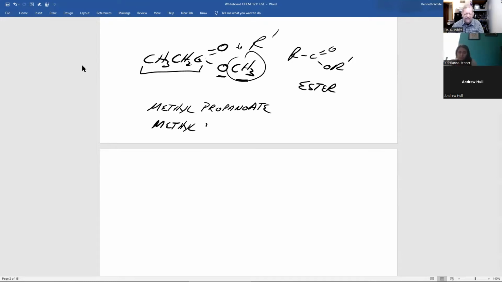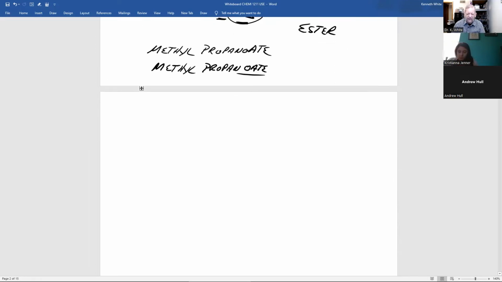And 3, that's propane. Drop the E and add OATE. And that's methyl propanoate, same answer. So I like the student's way, except for one example. And let me show you the one example where you have to use the IUPAC.